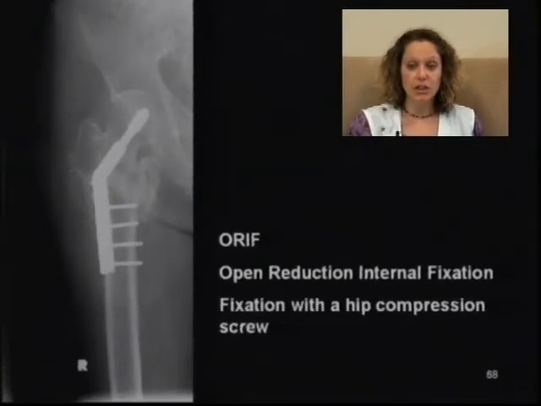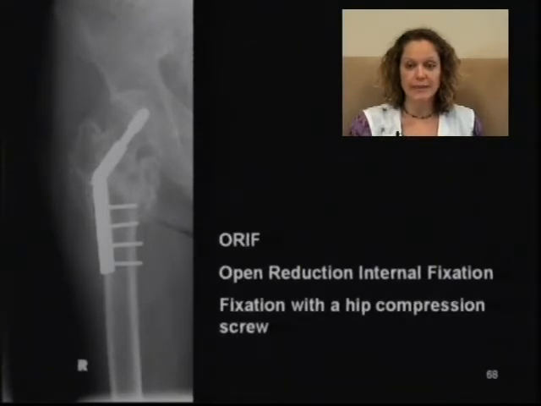So open reduction internal fixation of the hip is to open the hip with a surgical incision, reduce the dislocated joint or realign the bones, and internally fixate what has been torn apart back together.